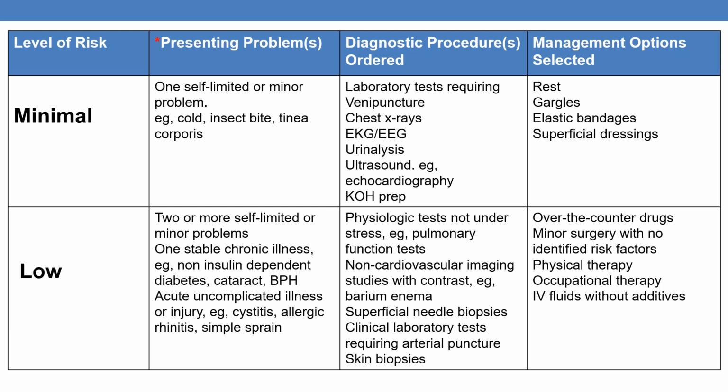Now let us see some of the clinical scenarios which govern the level of MDM. So first, the level of risk is minimal. If the presenting problem is self-limited or minor, for example, cold, insect bite and tinea corporis, and if the diagnostic procedures ordered are either venipuncture, chest x-rays, EKG, urine analysis, ultrasound, echocardiography and KOH prep, and if the management options are rest, gargles, elastic bandages and superficial dressings.